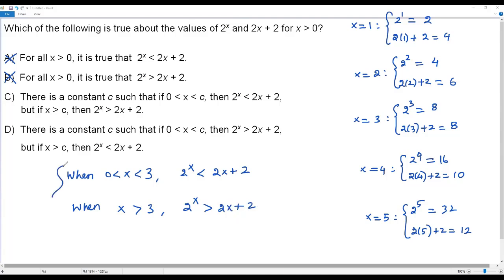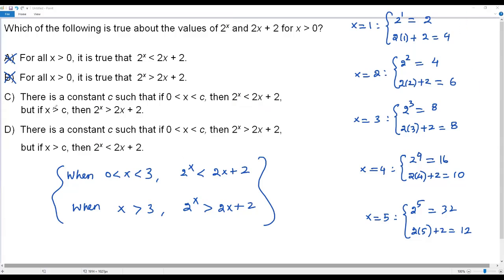Okay, now look at this situation in option C and option D. Clearly we have this situation in option C. Instead of 3, they have used the constant c. That is, when x takes a value between 0 and some constant, where the constant is 3, the value given by this exponential expression 2 to the x power is smaller than the value given by the linear expression, as explained for x = 1 and x = 2.